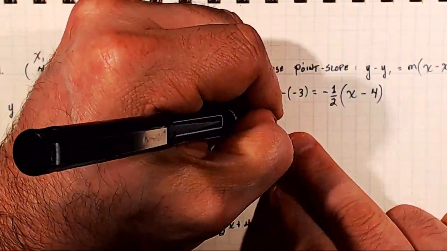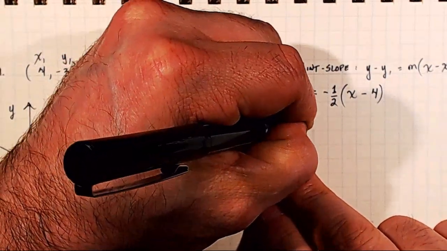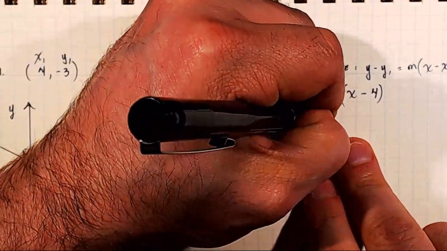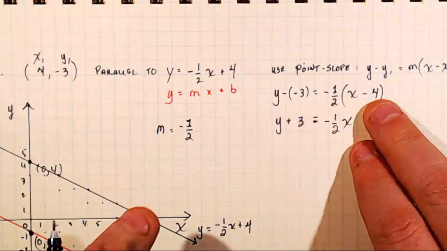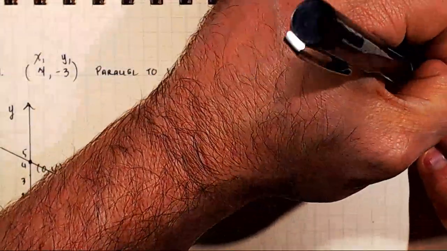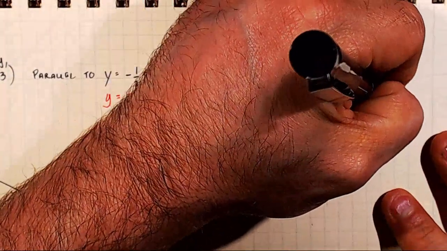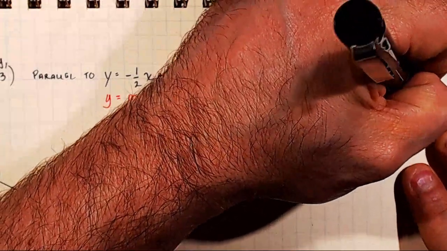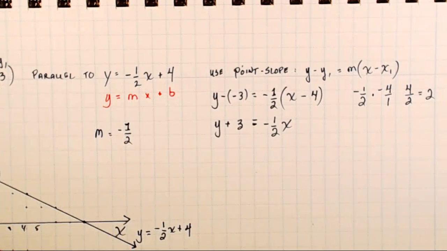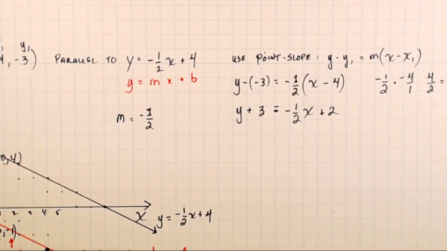Okay, so let's take care of this little mess here. Y minus -3 is y plus 3 equals -1/2 x. Okay, and now multiply -1/2 times -4/1, and you get +4/2, or 2. Okay, so -1/2 x plus 2.